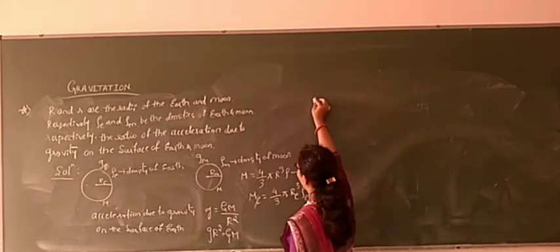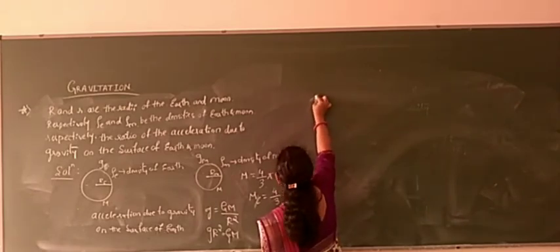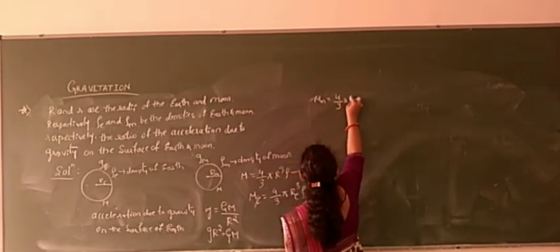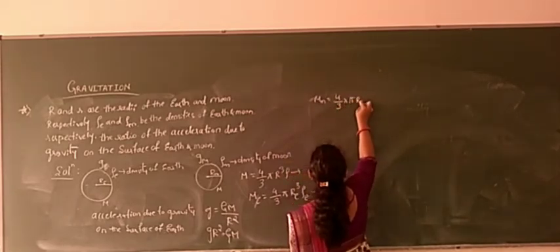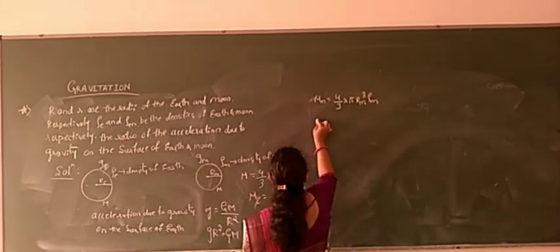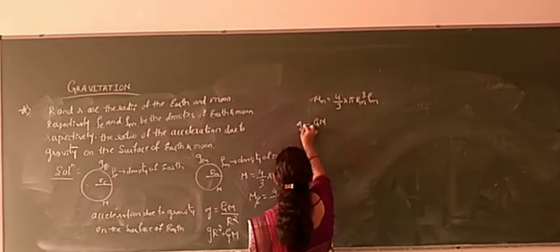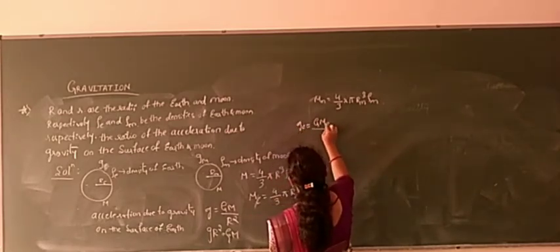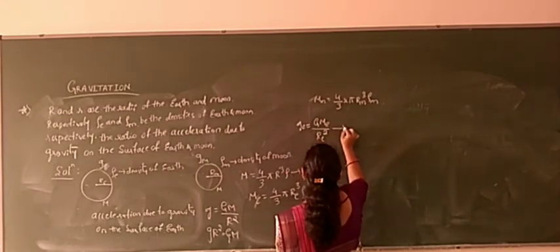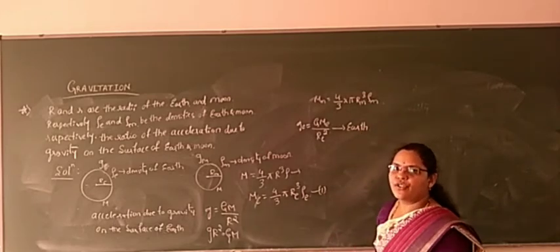Then what about the moon here? The mass of the moon m is 4/3 π R_m³ ρ_m. As we know here, g_e is GM by R_e², so this is for earth, the acceleration due to gravity on the surface of earth here.